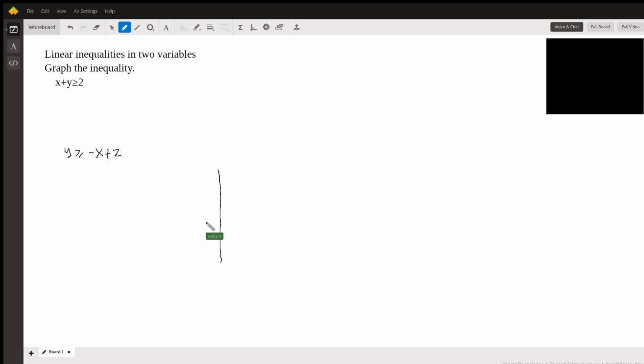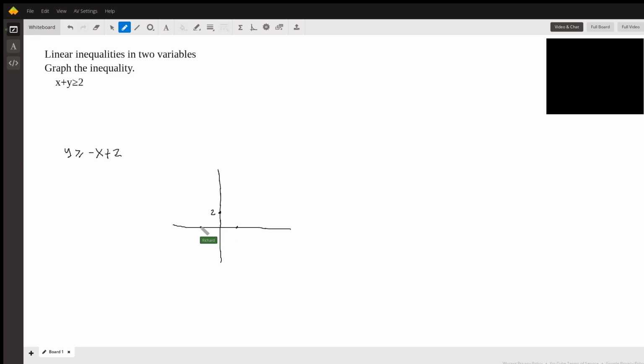And if I want to graph it, well, I know that the intercept is 2. I know the slope is negative 1 because here's my slope, here's my y-intercept. If I want to plot some points, I can see that when x is 2, y is going to be 0. So we're just treating this like an equality here.